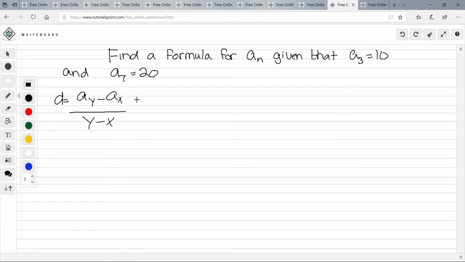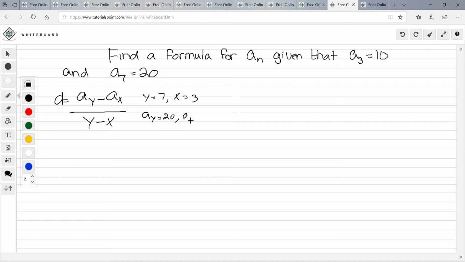Basically our Y is the subscript of 7, so Y is 7. Our X is the subscript 3, so X equals 3. And then AY is A7, which should be 20.